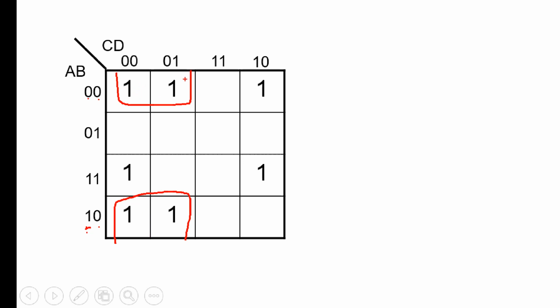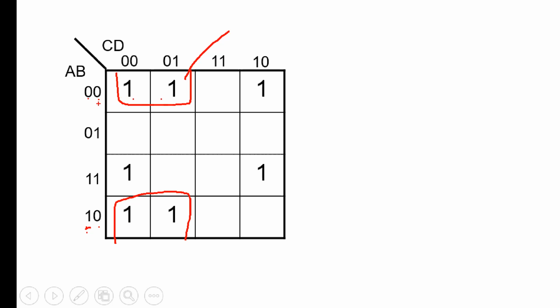Okay, tell me the product term, in terms of variables A, B, C, D. How about A? Here A is 0, here A is 1, right? So, no A in the product term. How about B?